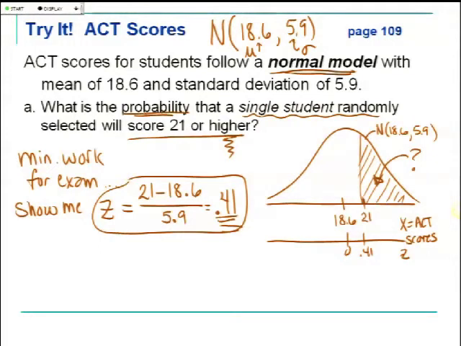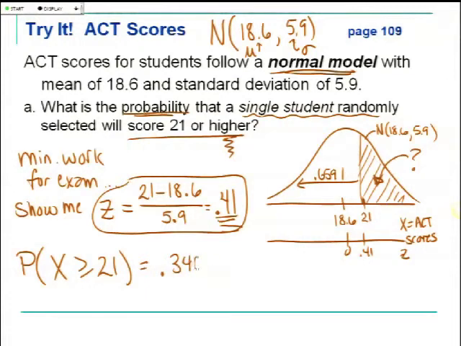It would remind me that if I looked up 0.41 that way, I would have to put this as the value here. And then I would remember to do what to that number? 1 minus. We are finding the probability that a single x would score 21 or higher. And we would end up getting 3409, about 34%.